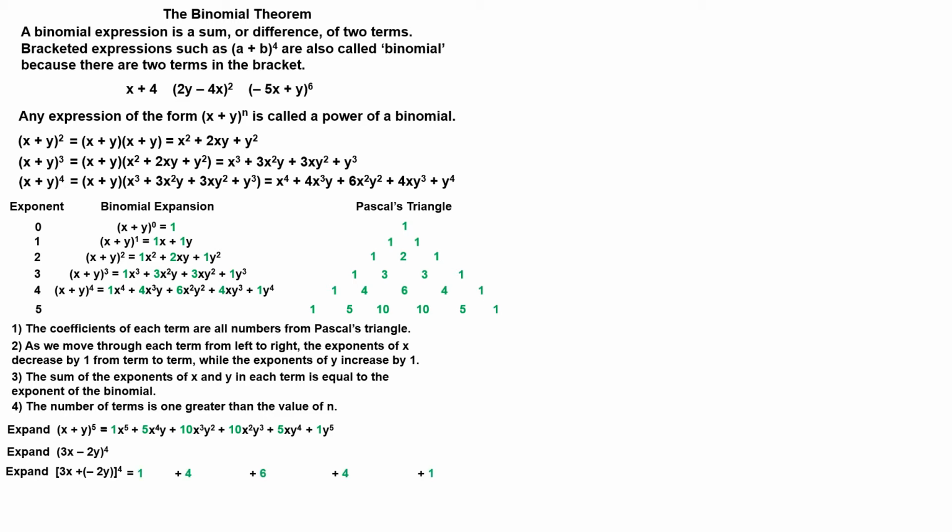So this expansion will have 5 terms. Then we write down the expansion by remembering that for each new term we decrease the power of 3x, this time starting with 4, and increase the power of minus 2y.